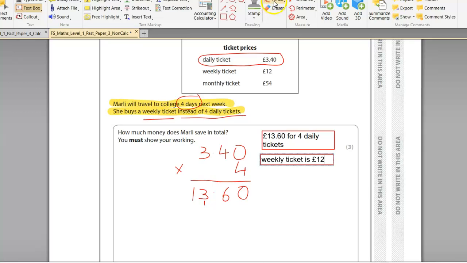So she's going to save £13.60 minus £12, which you can possibly work out without doing this, but of course it's good to show your working out. So that gives us £1.60.